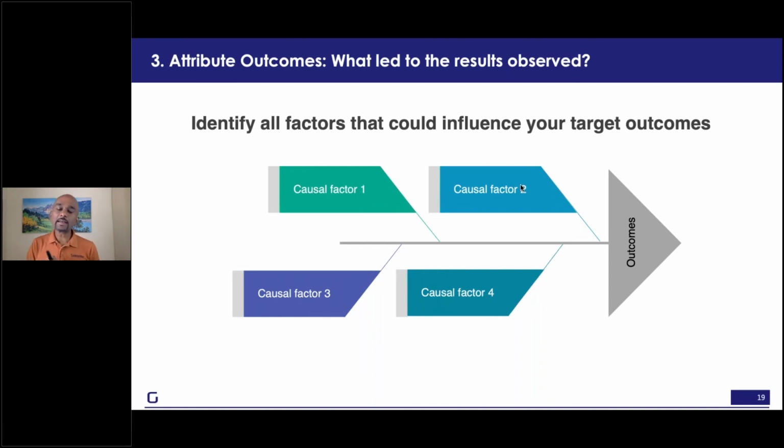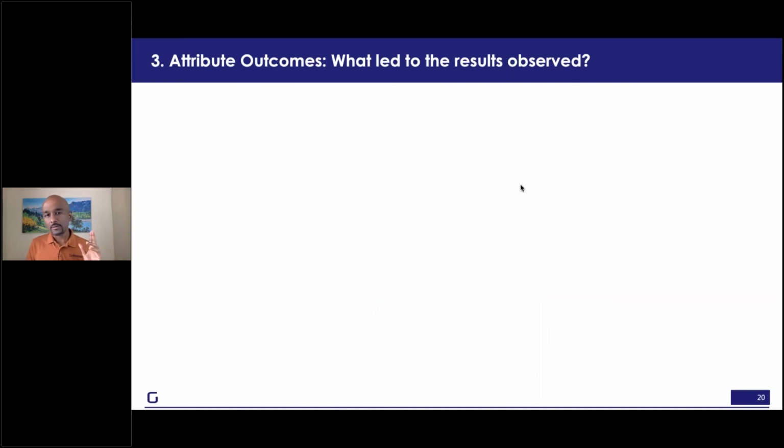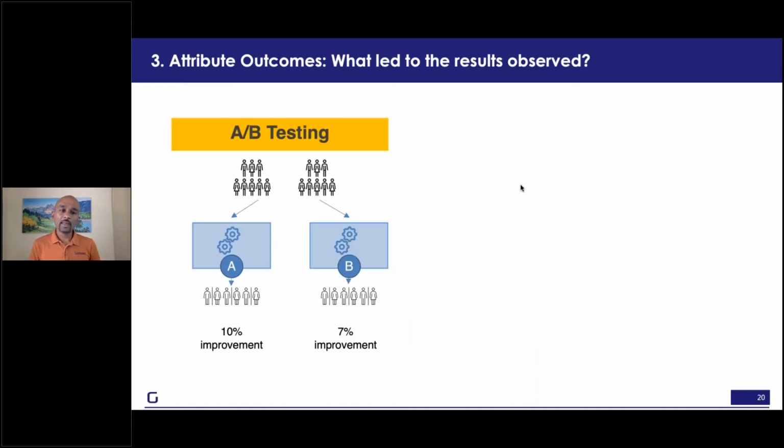If you start collecting new data for some missing items, then it's time wasted. So you need to identify the factors wherever data is missing, institutionalize processes to collect the data. And next step is to determine the attribution. So as part of attribution, there's a popular technique called A/B testing.